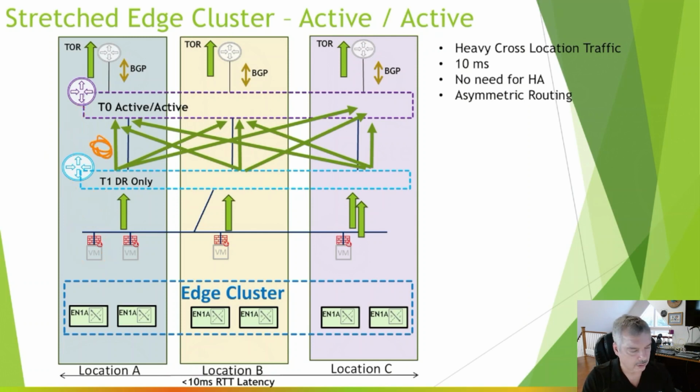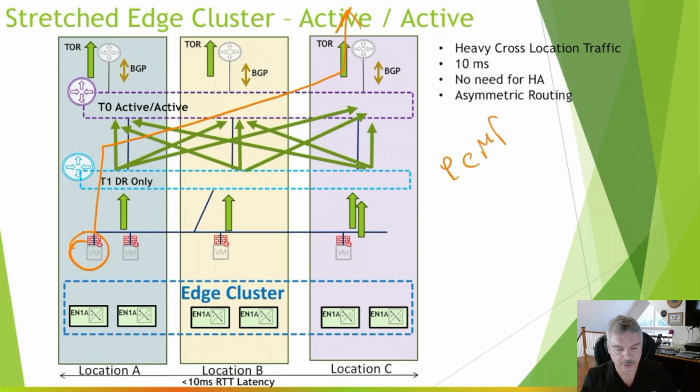We're coming out, and now we're going to go hit the edge node. And that could be an edge node that's on any location. So technically speaking, this VM might come like this and then shoot out here to get to the outside world, okay? Because of that, because we're using equal cost multipathing across our edge nodes, okay?